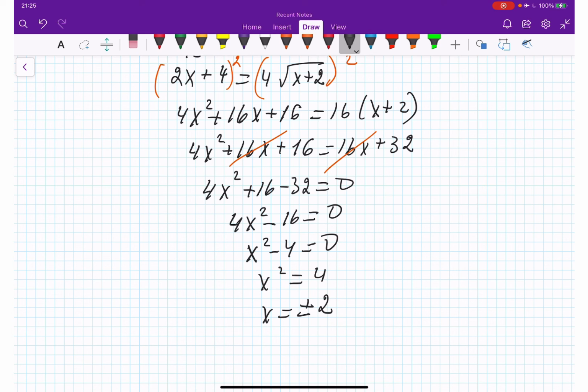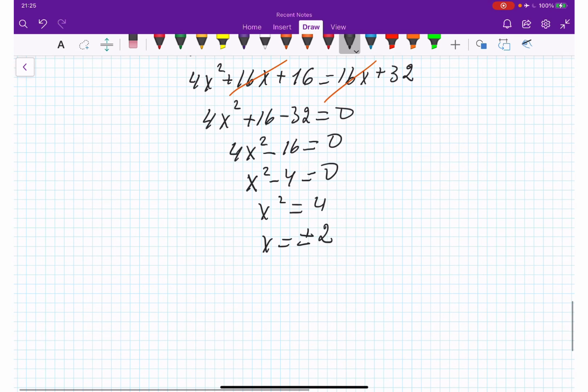And the answer is going to be plus minus 2. Answer: x1,2 is equal plus minus 2.